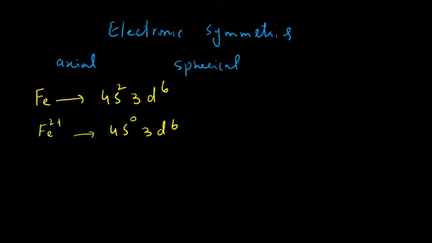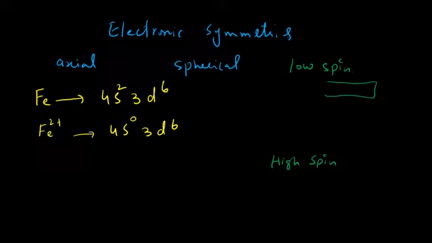There is the case of low spin and there is the case of high spin. For low spin, the d state further splits into the two states Eg and T2G.